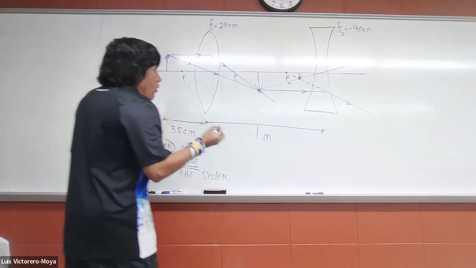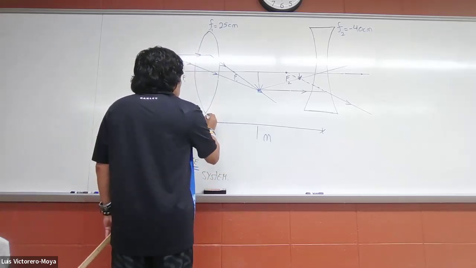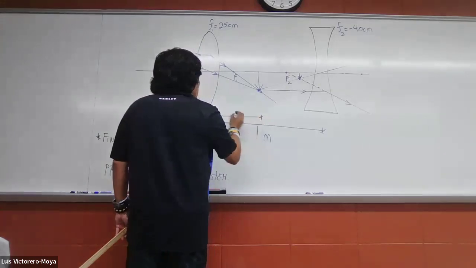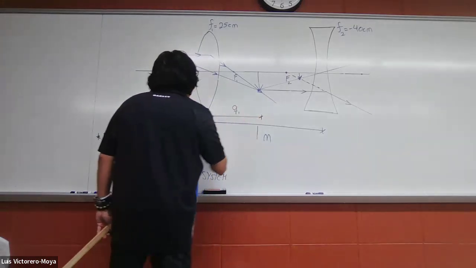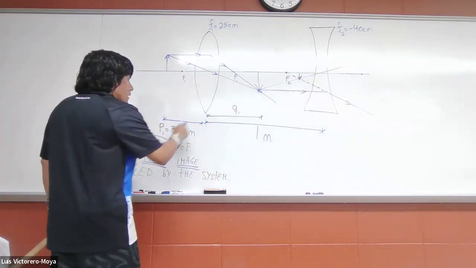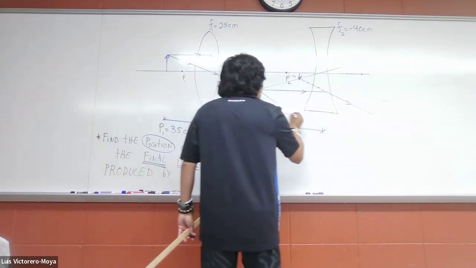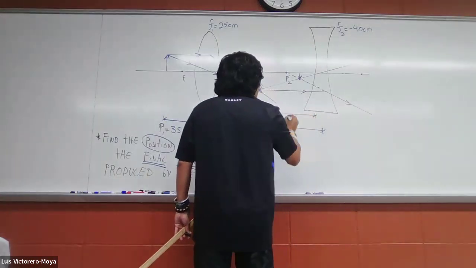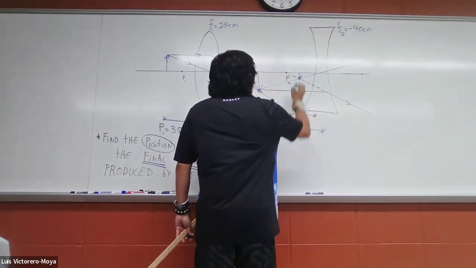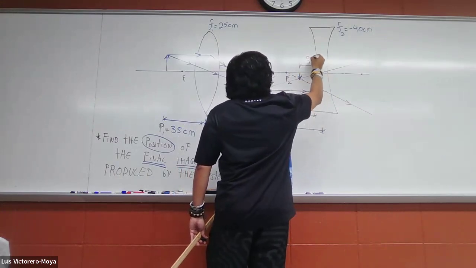Okay. So let's label this Q1. This is P1. P1, let's find Q1. Then we're going to find this distance. It's going to be P2. And this is going to be Q2.